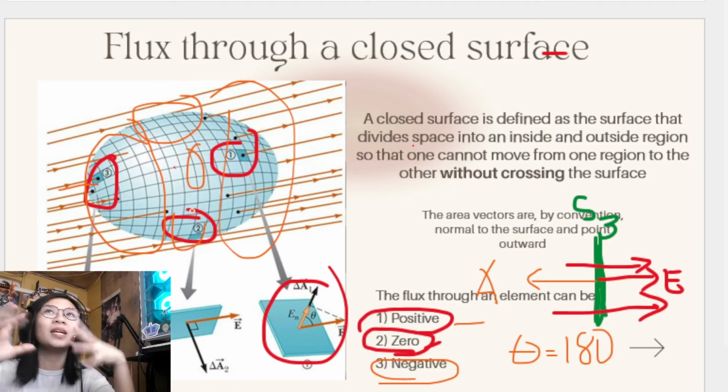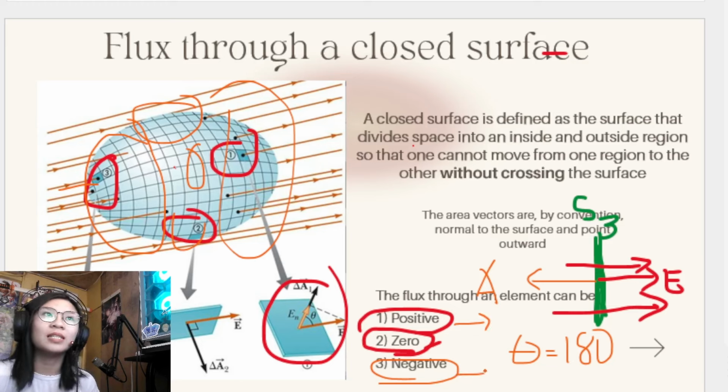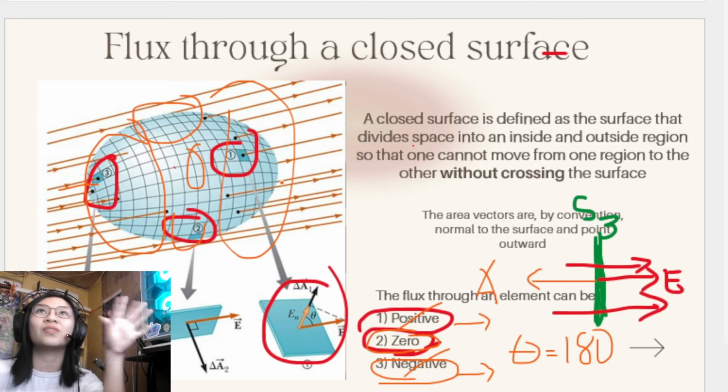Combining all those surfaces and all their fluxes, we have the same number of positive and negative fluxes. Positive plus negative will cancel each other out. That will be 0, plus the zeros from the surfaces in the middle part. Therefore, your closed surface will have a flux of 0.